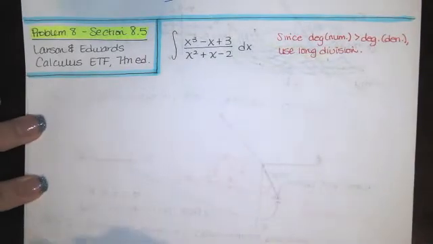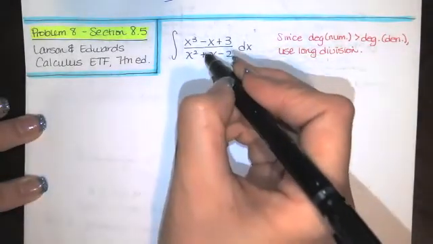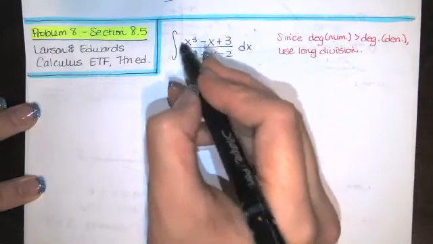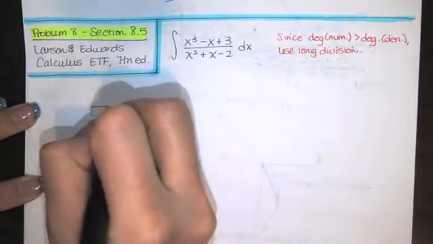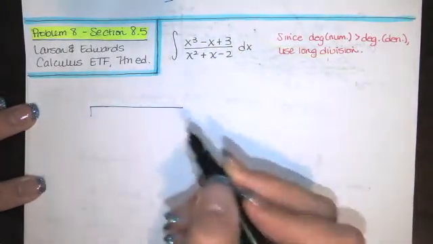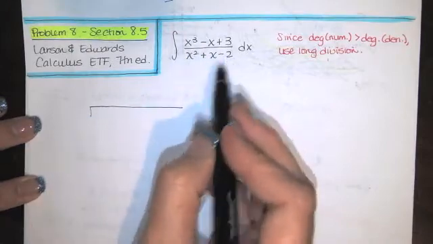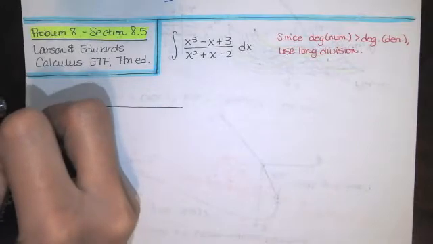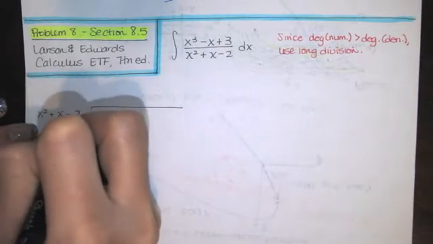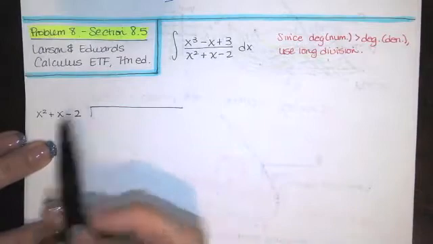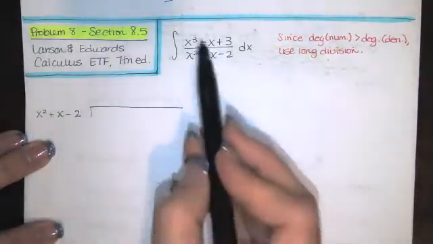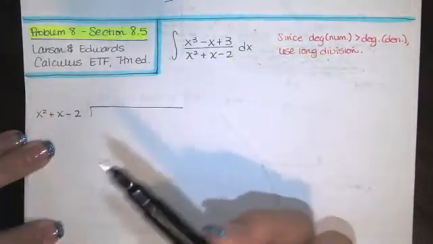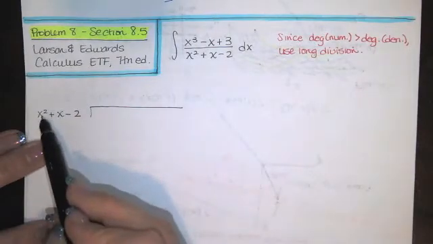Now, if I've got a polynomial over a polynomial here, this polynomial in the numerator is going to go over here, and this polynomial in the denominator is called the divisor, that goes outside when you're doing the long division. And typically we like to write this polynomial and this polynomial in descending powers of x, starting with the highest power of x.